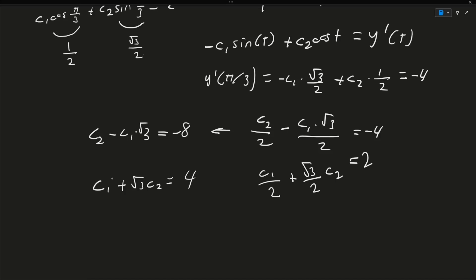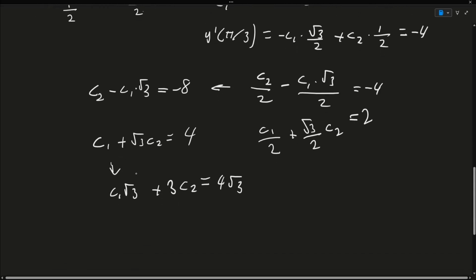Okay. Now, what do we want to do here? Let's multiply the second equation with root 3. We will have c1 root 3 plus 3c2 equals 4 root 3, right?